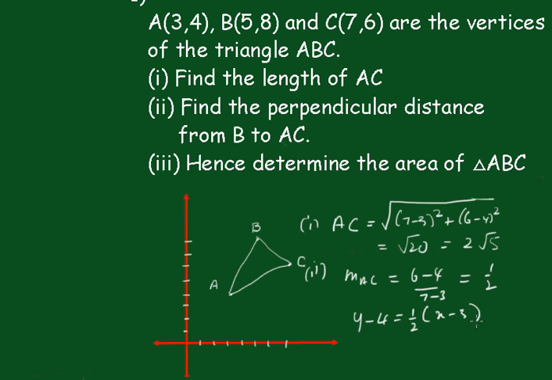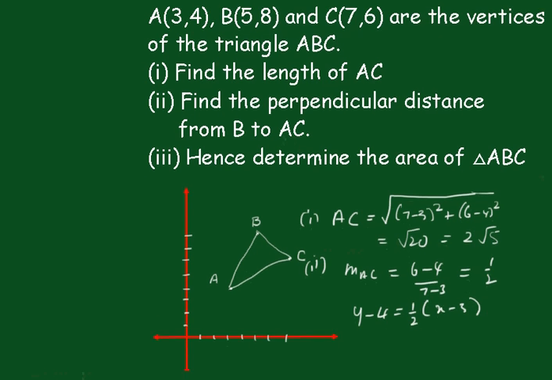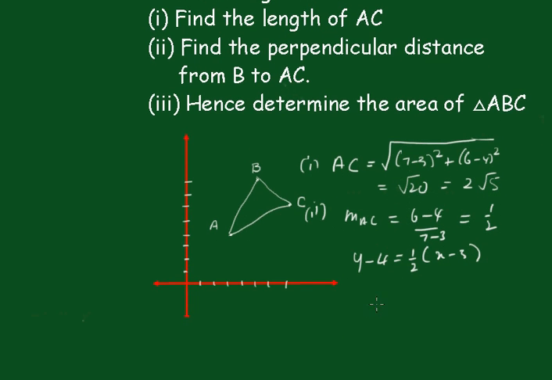And on rearranging, that comes out to x minus 2y plus 5 is equal to 0. Okay, so that is the equation of that line.